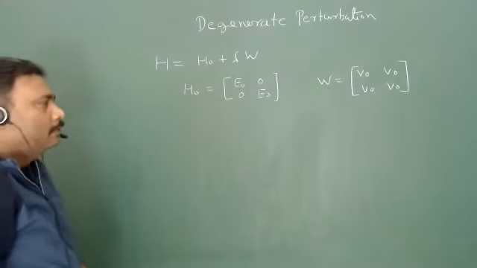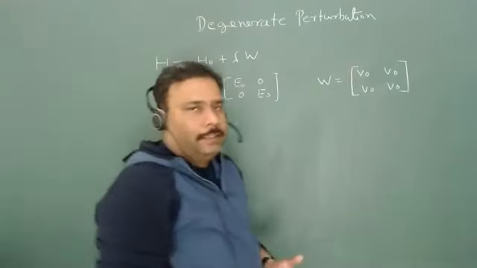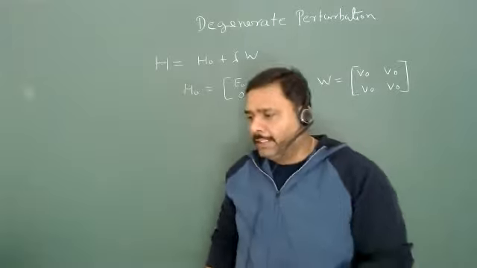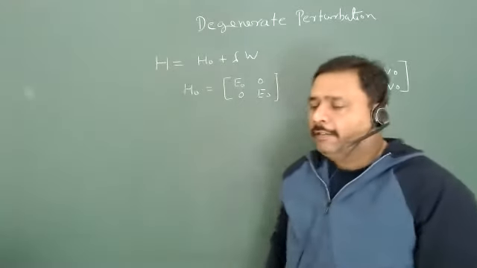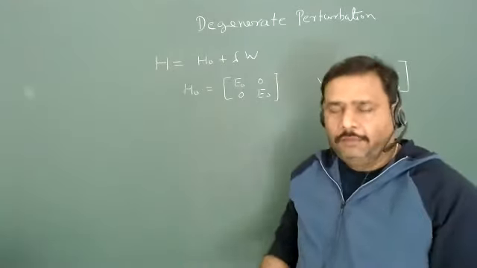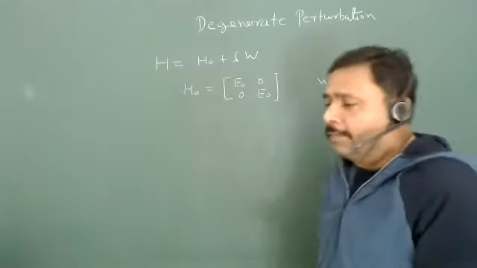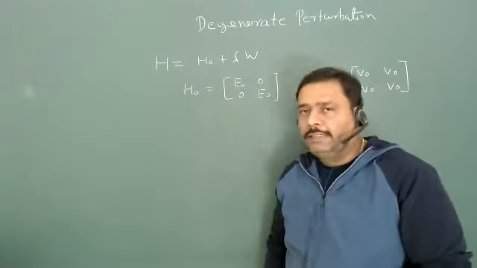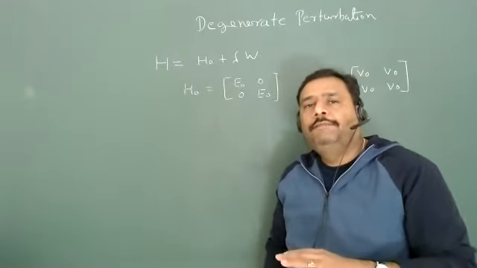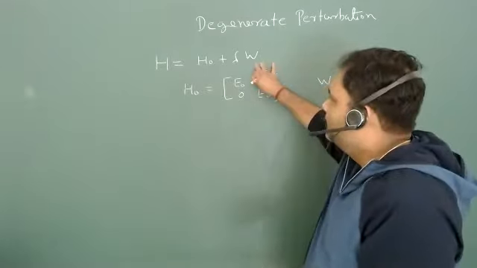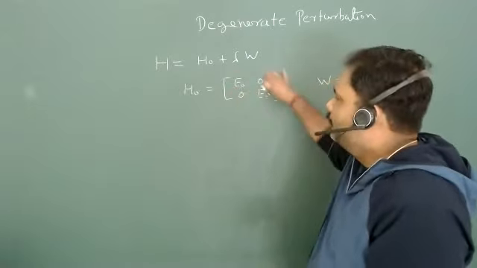So what I have to do is use degenerate perturbation theory to find the eigenvalues and understand the meaning of this particular perturbation. We have to analyze this also. If you do not have this perturbation, then you have this as the original Hamiltonian.